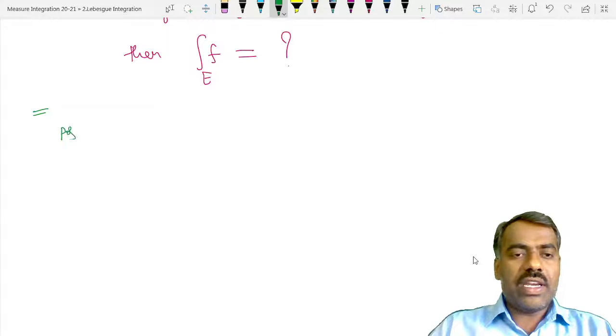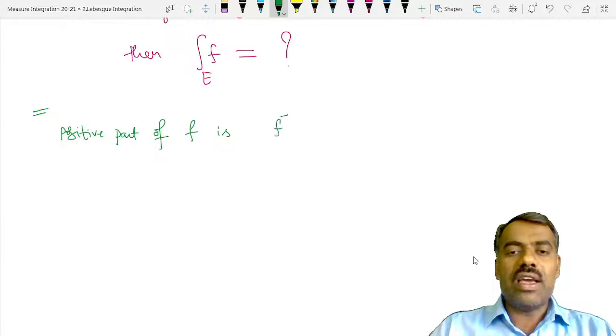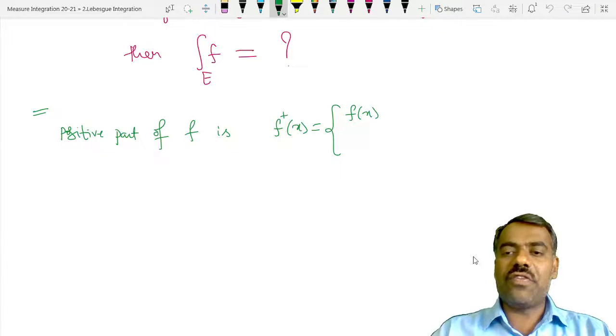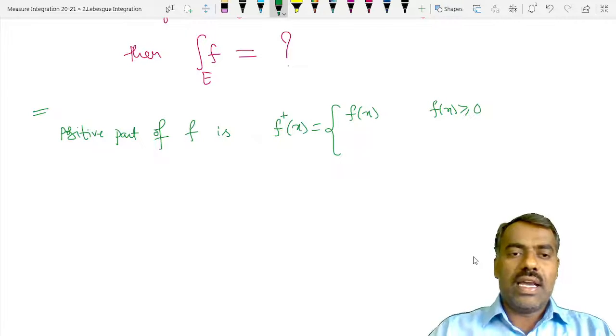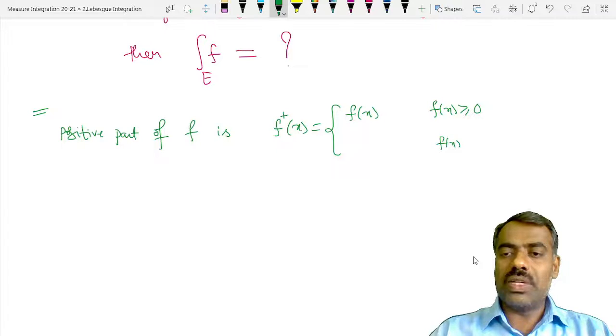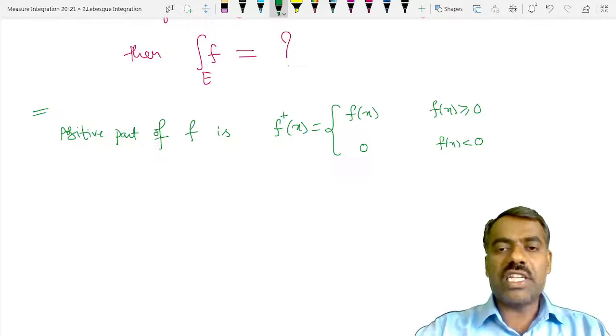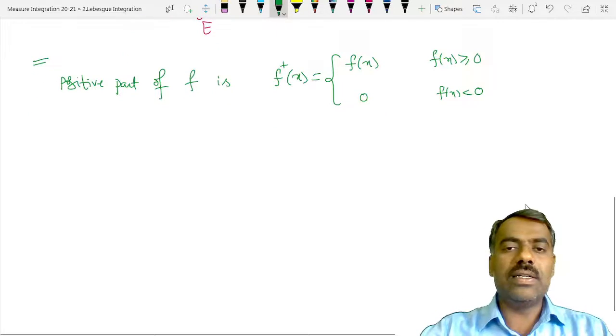Given any function f, the positive part of f is denoted by f plus. f plus of x is the same as f of x if f of x is greater than or equal to 0, and whenever f of x is less than 0, that is negative, we simply define it as 0. Is the definition clear?